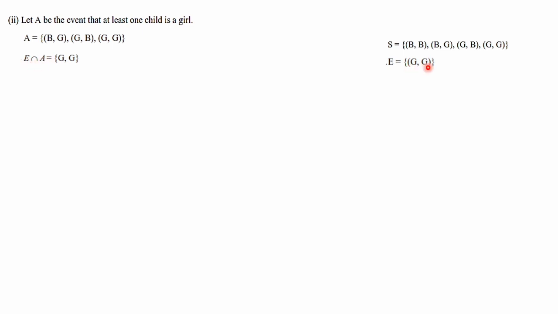When we compare E and A, GG is common. So G comma G is the common element. Then P of A: there are 1, 2, 3 elements, and a total of 4 elements in the sample space, so 3 divided by 4. Then P of E intersection A: there is only one element in E intersection A, with 4 elements in the sample space, so 1 divided by 4.